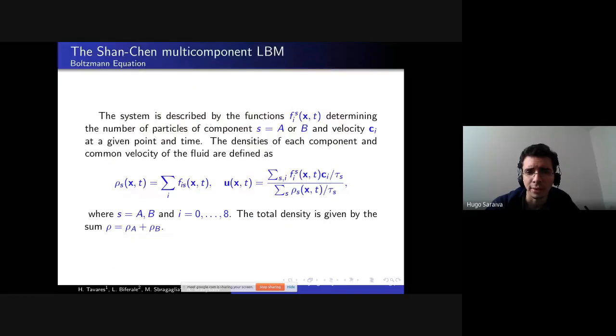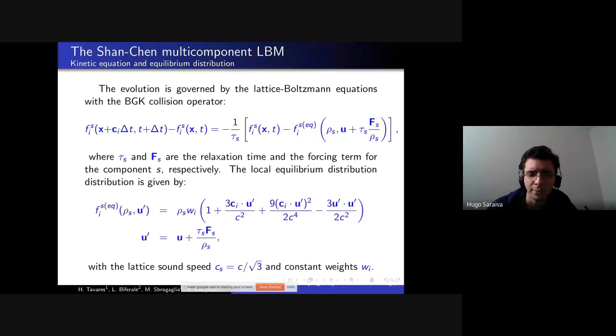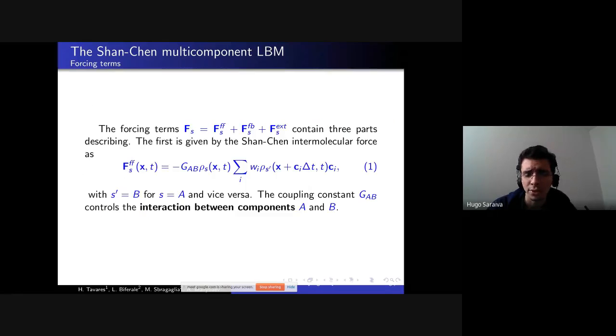So how do we simulate that? We use the classical Shan-Chen multi-component method, which simulates fluids using a connection between the classical Boltzmann equation and hydrodynamic equations, a connection made by the Chapman-Enskog expansion. Here we use the Shan-Chen force scheme, which considers that the interaction between components is proportional to the product of the densities at every point, and the intensity of the attraction or repulsion is associated with the parameter G_AB. The parameter G_AB also regulates the miscibility and immiscibility conditions.